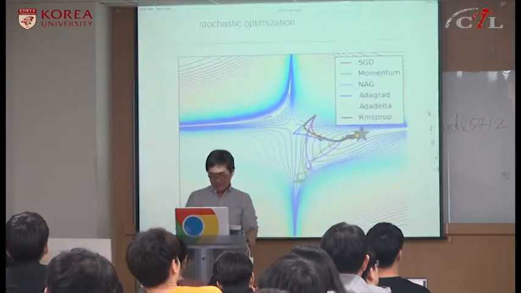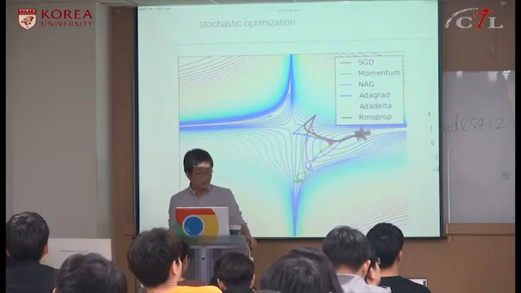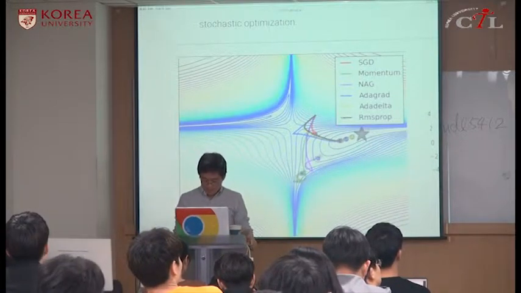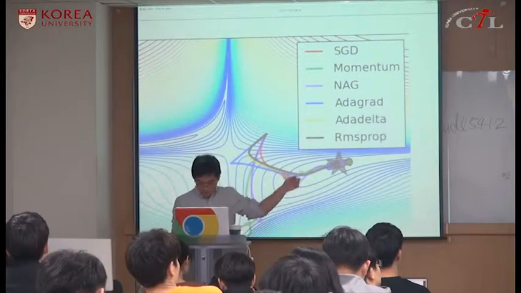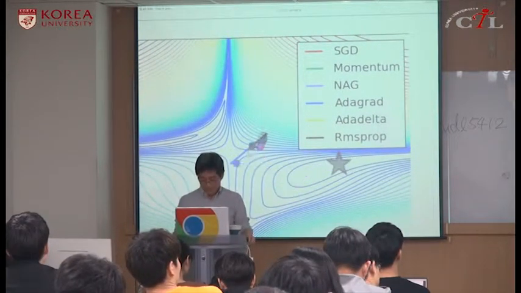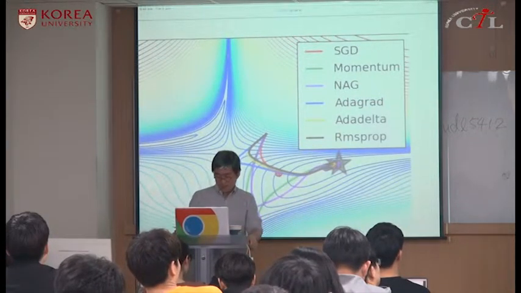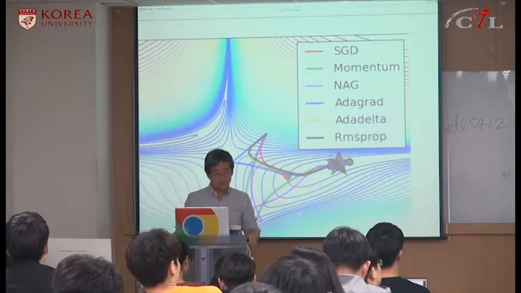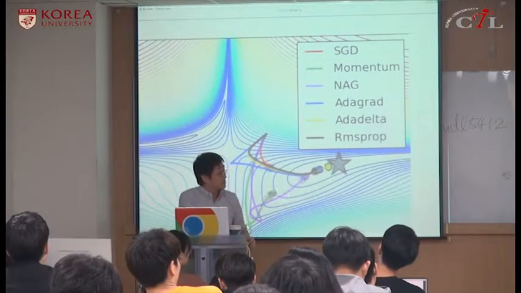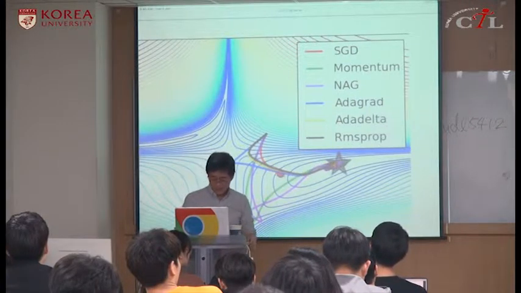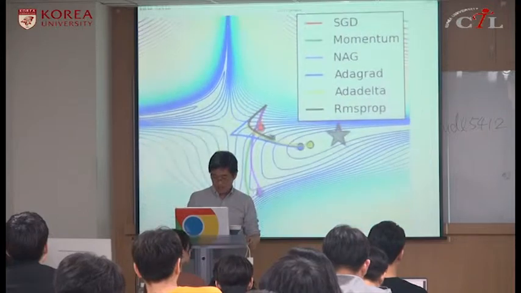In this case, you can see the different behaviors of different algorithms: stochastic gradient descent in red, momentum, Nesterov momentum, Adagrad, RMSprop, and also Adadelta, which we haven't studied, but we will skip this explanation. Anyways, we can see some interesting aspects.